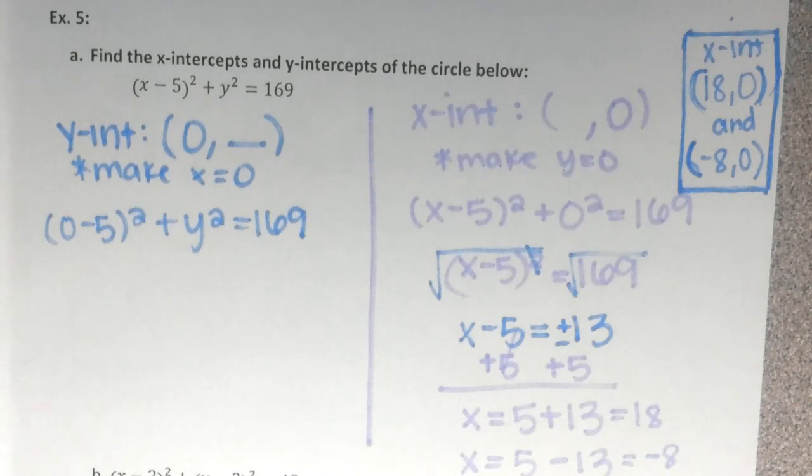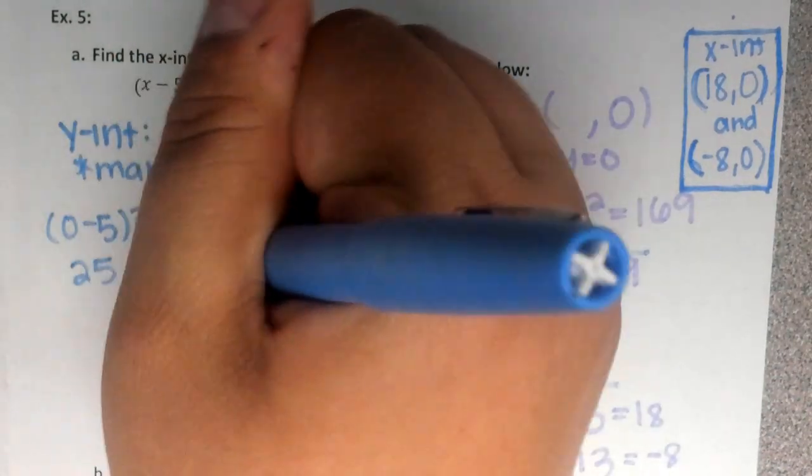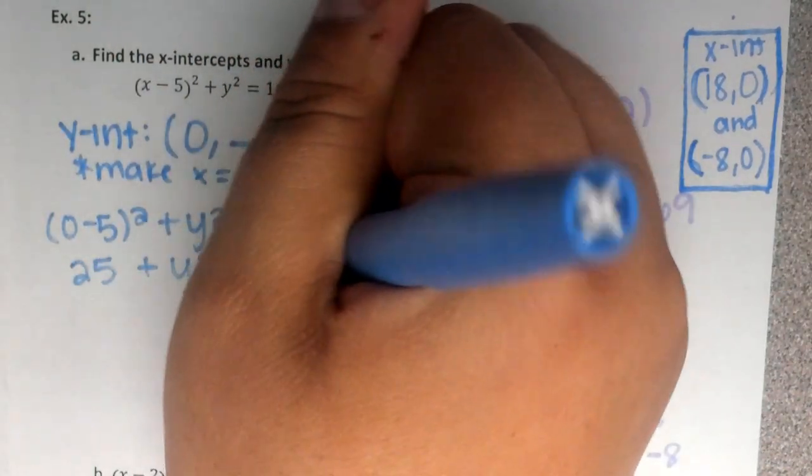What is negative 5 squared? So this is going to be 25 plus y squared equals 169. What do I do?